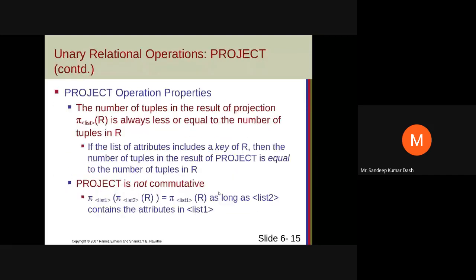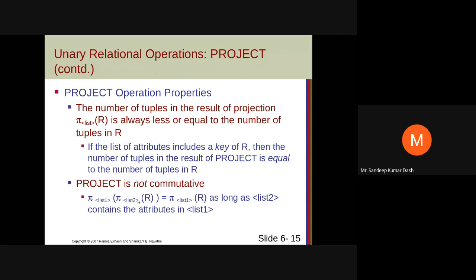Fine. Then what properties does it have? Previously you saw the select operation was commutative. That means applying condition 2 first and then condition 1 was equivalent to condition 1 first and then condition 2. But in this case it is not generally possible. It is possible only as long as list 2 is greater than list 1.